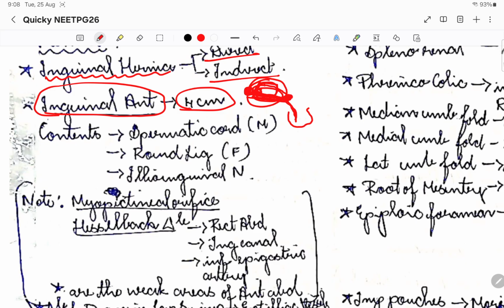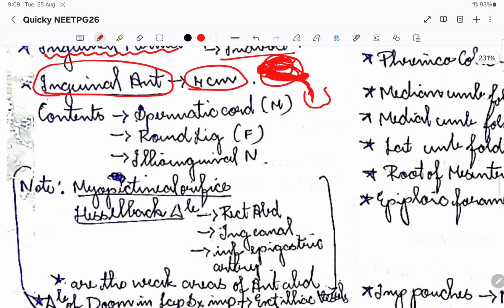There are two rings, superficial and deep. There might be a defect when there is a weak abdominal wall and increased intra-abdominal pressure, which might lead to internal abdominal organs herniating through this particular canal. That is what inguinal hernia means. This canal is basically 4 centimeter.